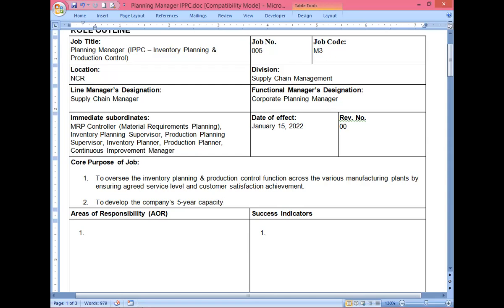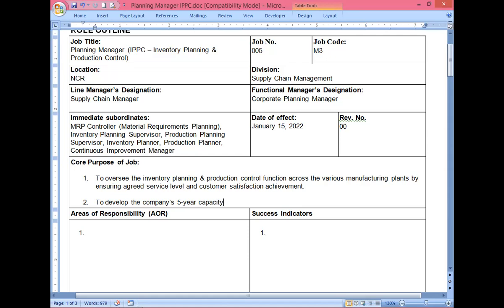Are you able to supply or to produce the forecast that the sales divisions are planning for 5 years? Will your plant be able to support the demand of the sales? So that would be the question. So you have to look at the capacity.